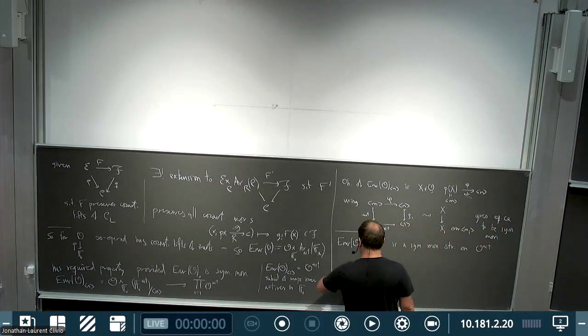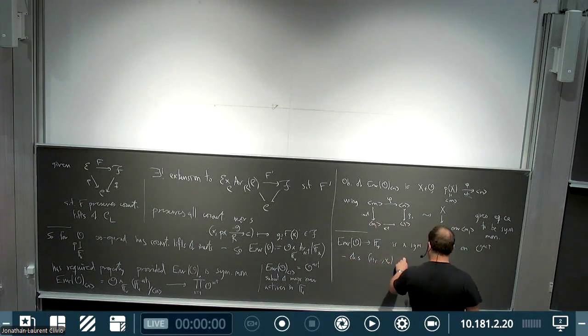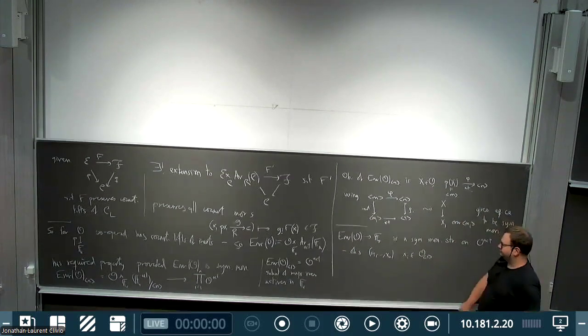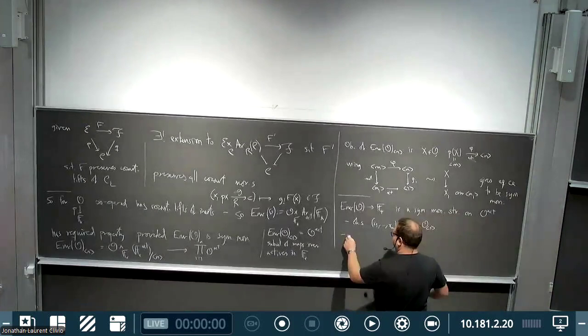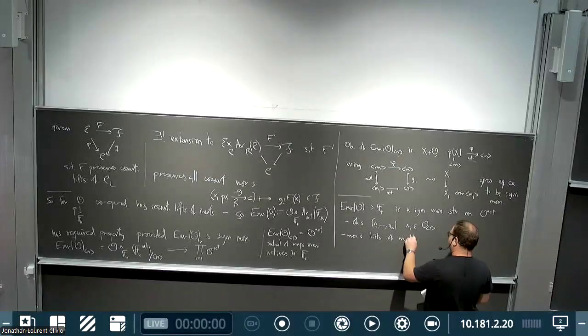So I can think of objects as lists, starting in O over 1, and then morphisms as lists of multi-morphisms out.